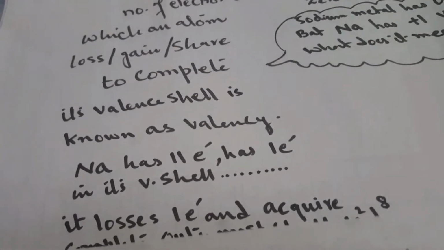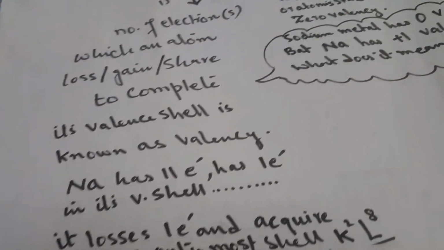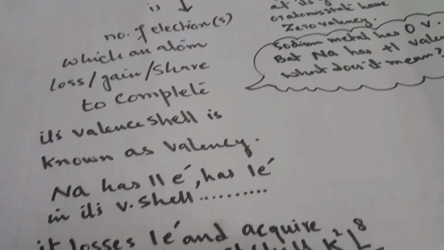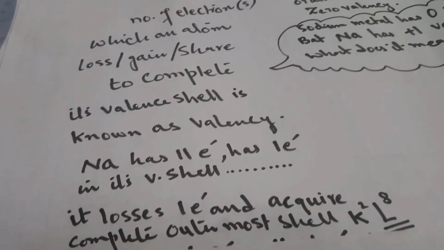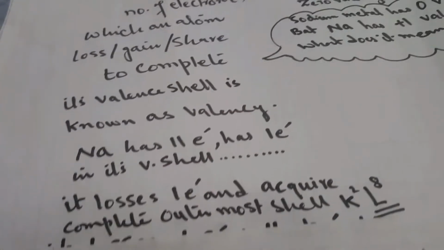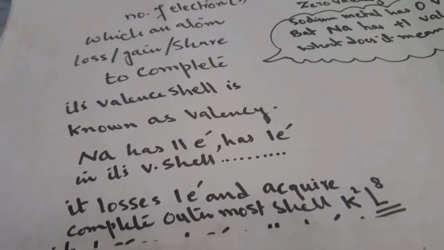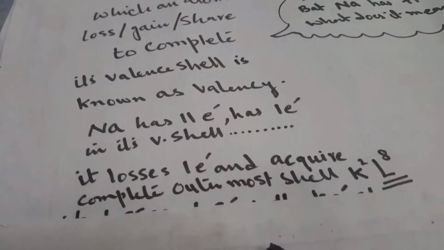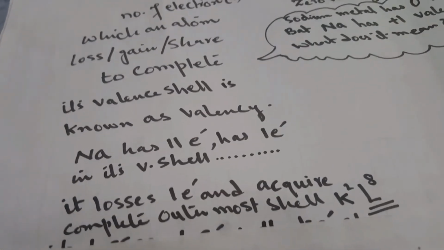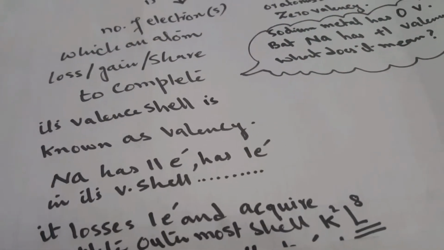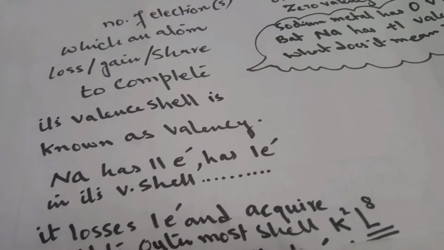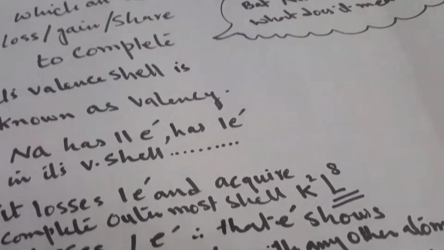It needs 7 electrons to complete it, which is quite difficult, so it loses its 1 electron and acquires a complete outermost shell. Now it becomes K2 L8. Now this sodium has 1 valency because it loses 1 electron.